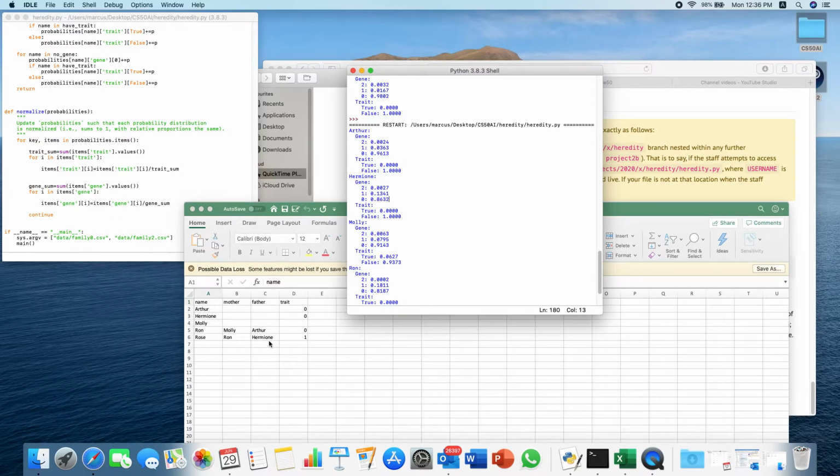So if you take into account the conditional probabilities as well as the probabilities of Hermione passing down the gene to Rose, and Rose actually having the trait, it's more likely that Hermione has either one or two copies of the gene as compared to Arthur.